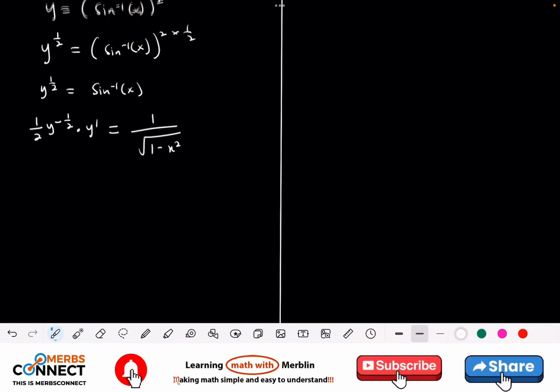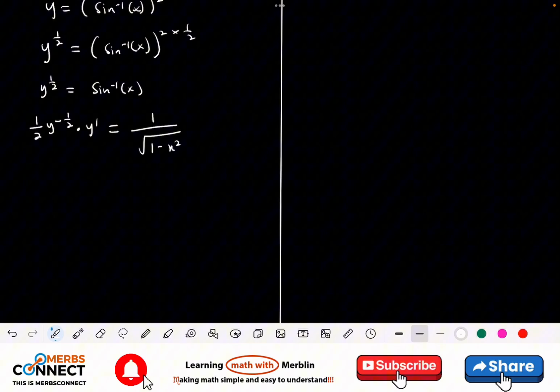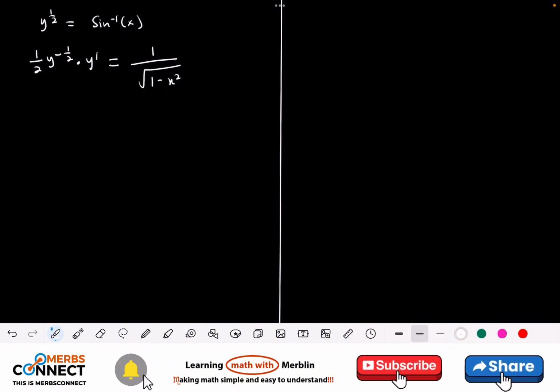So this is what you are going to get. As I said, always make your life very simple. Make things simple for you to get along with, right? So I can write this as y prime divided by 2y to the power 1 over 2, which is equal to 1 divided by root of 1 minus x squared. So I'll multiply this one by this and this one by that.